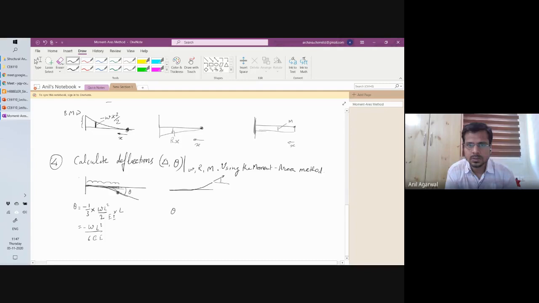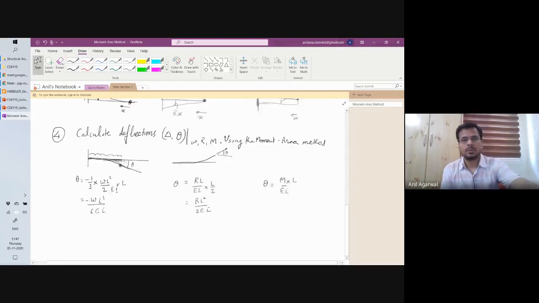Theta will be equal to, but now the bending moment diagram is triangular, so the maximum value is RL, divided by EI, multiplied by L by 2. Am I correct? And for the moment M, the theta value will be equal to M multiplied by L divided by EI. Fine. Moving further.